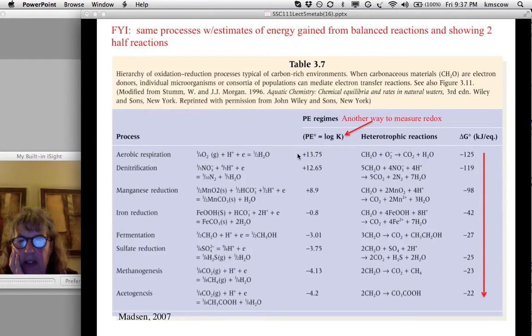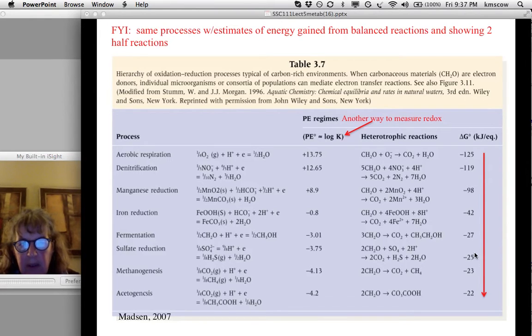Here's another measure of redox. So from a fairly high redox, which means there's a lot of potential for electrons to be donated, to a very negative redox down here. And look at the delta G for these different reactions as you move down, with really energetically favorable aerobic respiration and denitrification, and then it getting lousier and lousier and lousier.